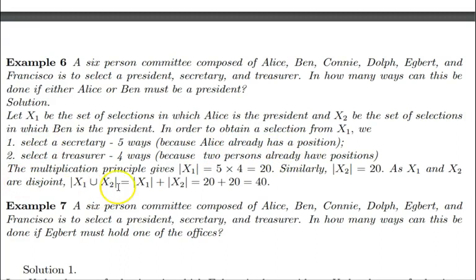The multiplication principle gives that the cardinality of X1 is 5 times 4, 20. In a similar way, we count X2. There are 20 selections there too. X1 and X2 are disjoint, so the addition principle applies and we obtain 40.